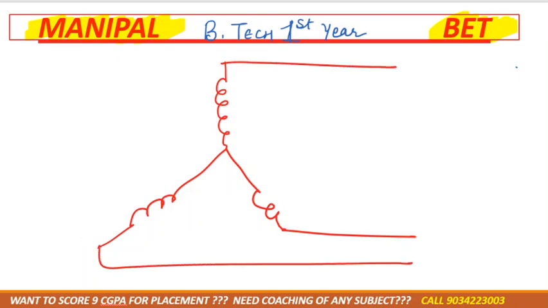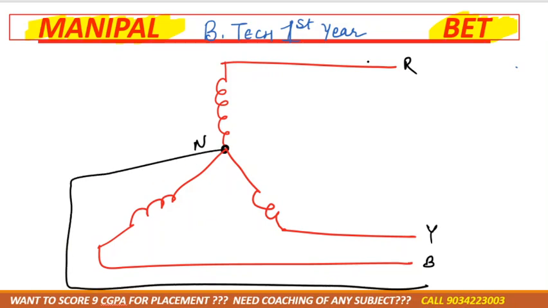Now in the last case we have marked the current, now we'll mark the voltage. This is R, this is Y, this is B, again this is neutral. So the voltage between R and Y would be equal to VRY, right? And as you know, I'm marking the voltage between the lines, so we can say that it is a line voltage.